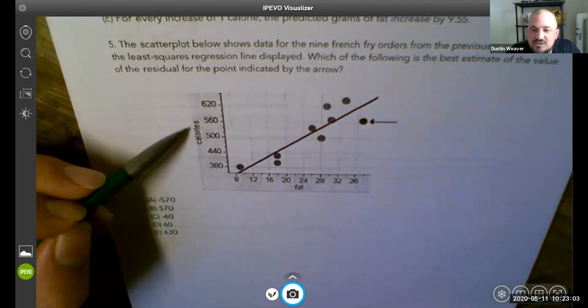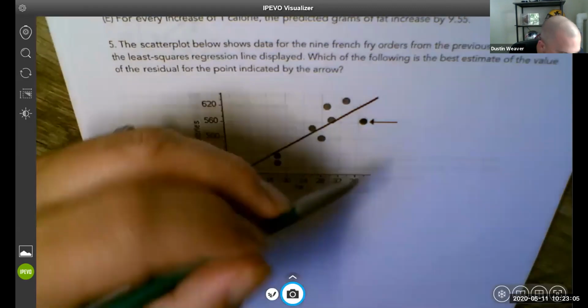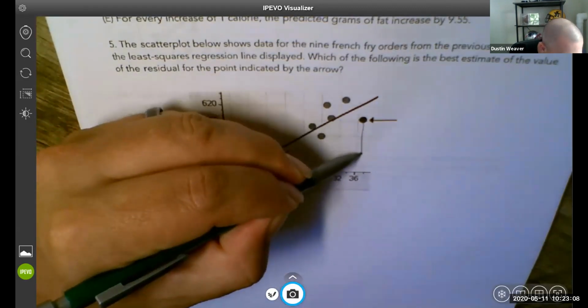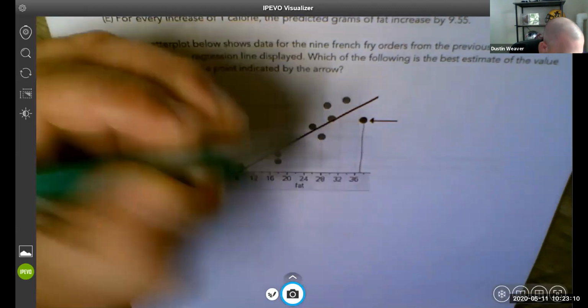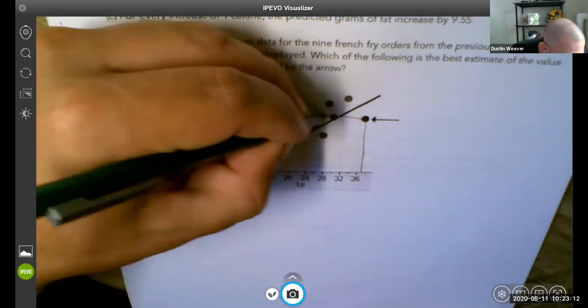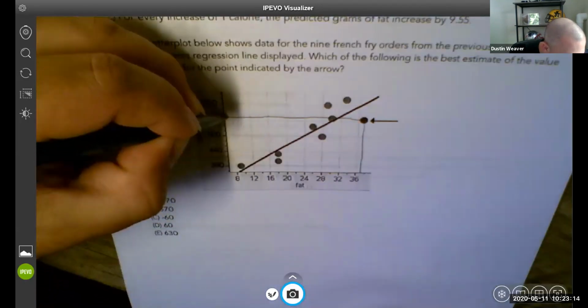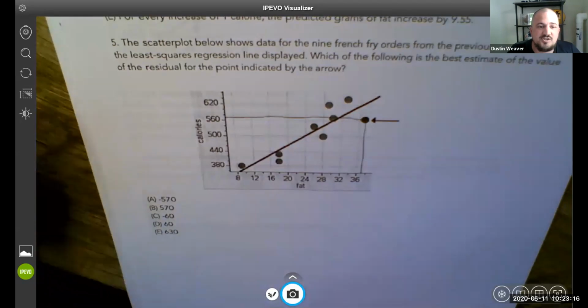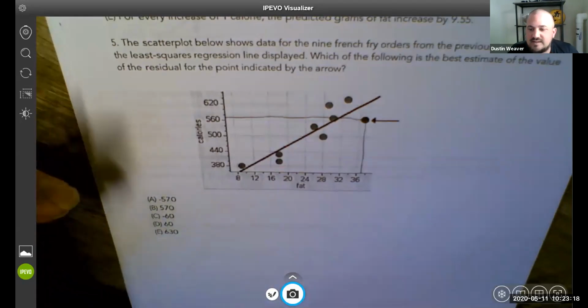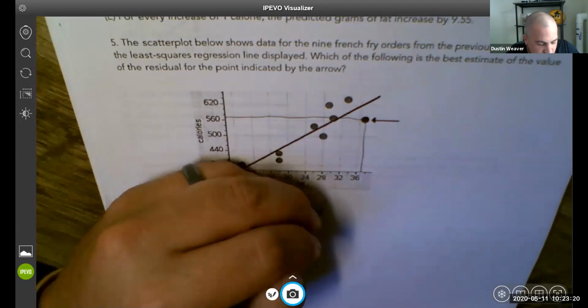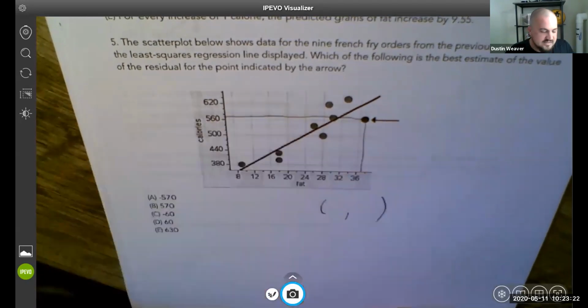So we can make a line, right? Where do you think this point is? What's the X and the Y? How many grams of fat and how many calories do you think?